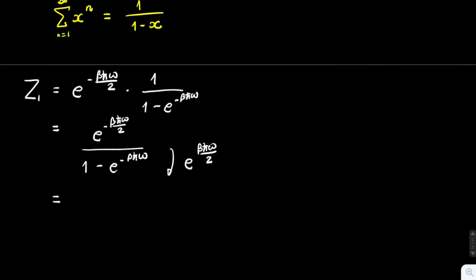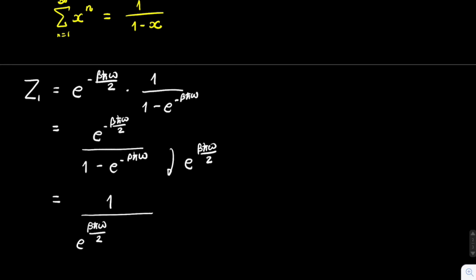So what's that going to do? Well, that's just going to multiply all these terms by this factor right here. So e to the minus beta h bar omega over 2 times this is just going to be 1, isn't it? Because they're just going to cancel out. And this term is going to become e to the beta h bar omega over 2.